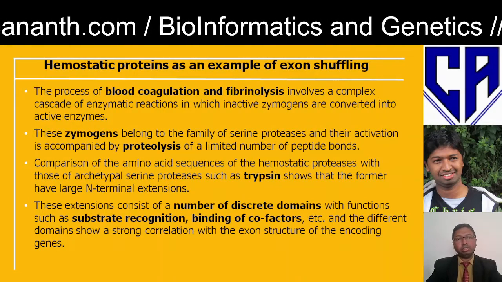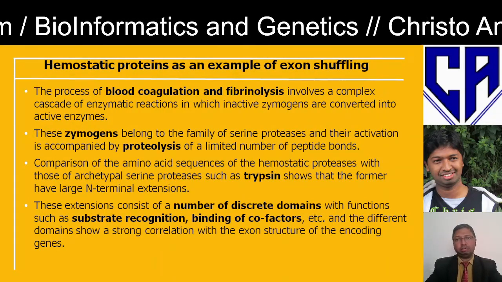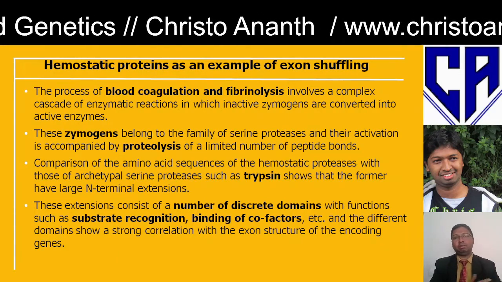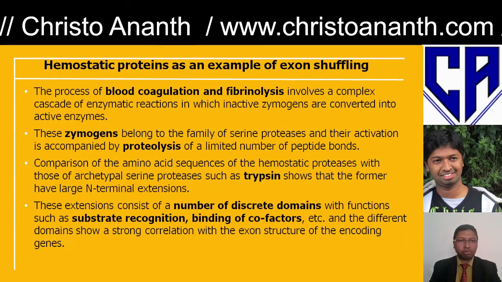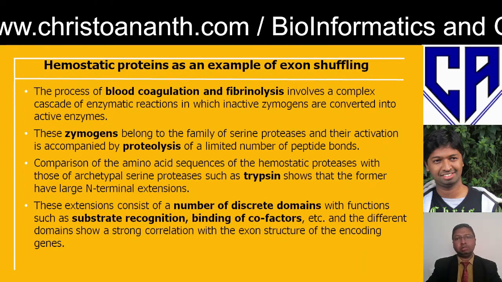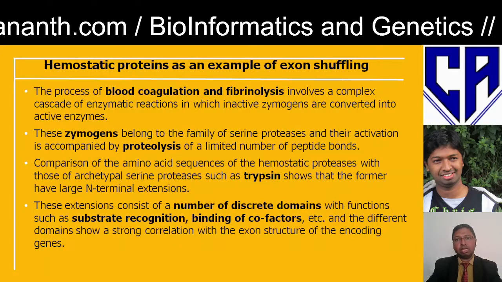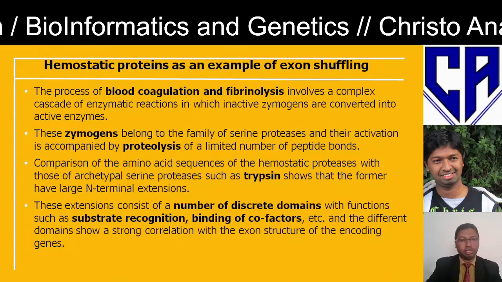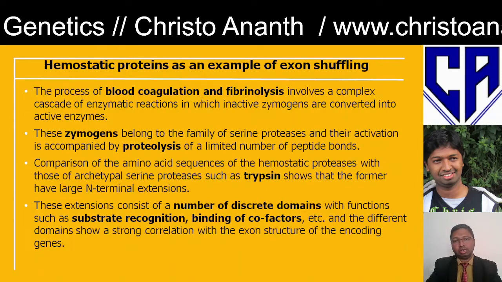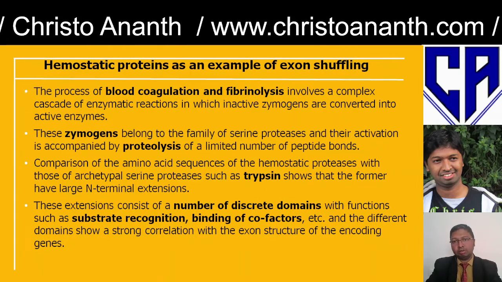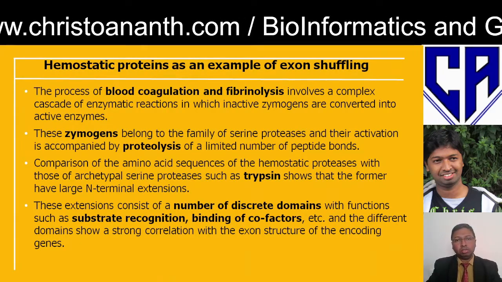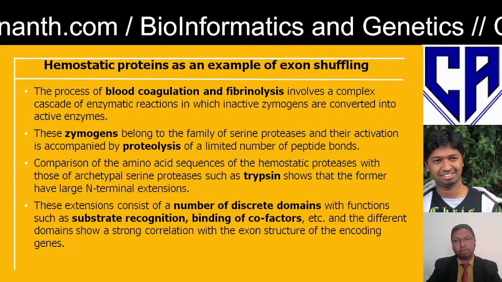So you can consider hemostatic proteins as a good example of exon shuffling. Here, whenever we have blood coagulation or fibrinolysis, it involves enzymatic reactions in which inactive zymogens are converted into active enzymes. These zymogens generally belong to the family of serine proteases, and this activation involves proteolysis of a limited number of peptide bonds.